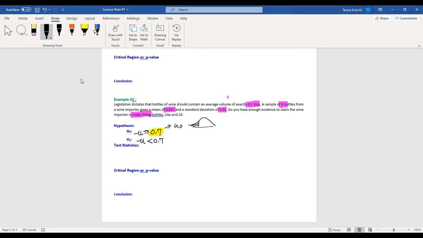Okay, so now let's try to find the test statistic. Let's highlight all the values.